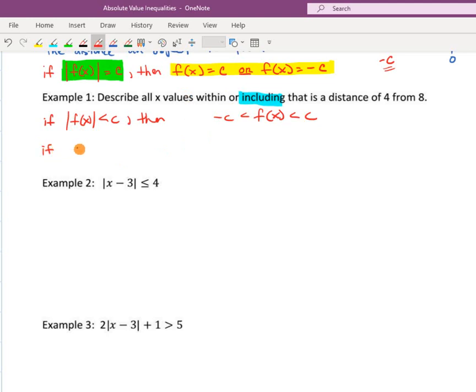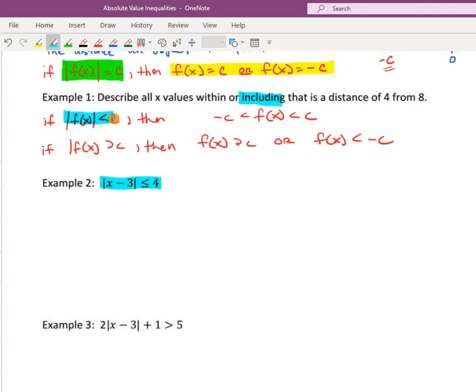And we also have one that says if the absolute value of f of x is greater than c, then f of x is greater than c, or f of x is less than negative c. So all we've got to do is say, okay, does this here match either of these hypotheses? And I think we recognize that it does. It matches this top one, right?